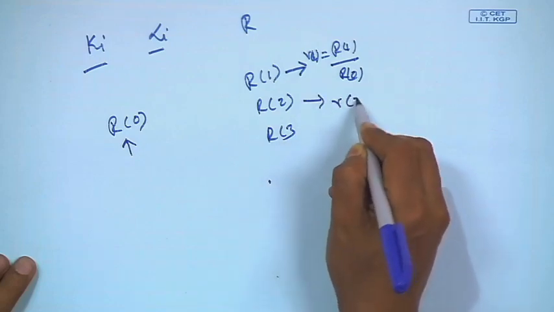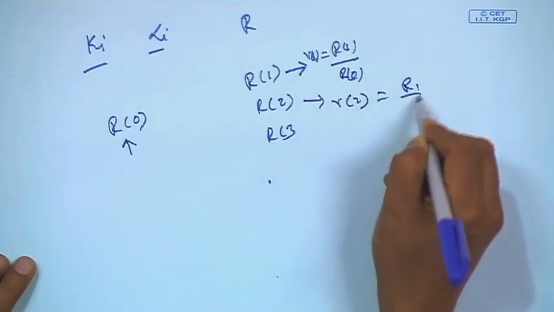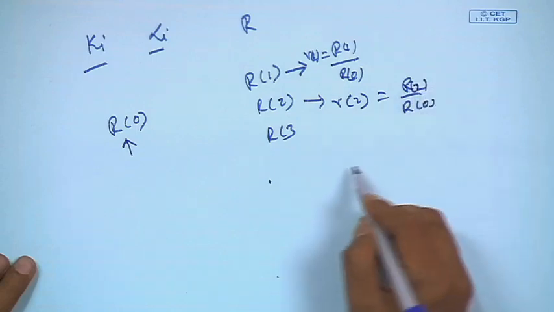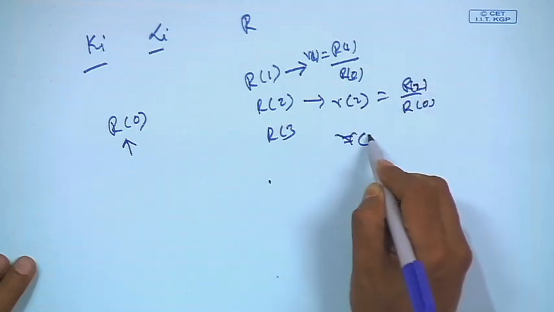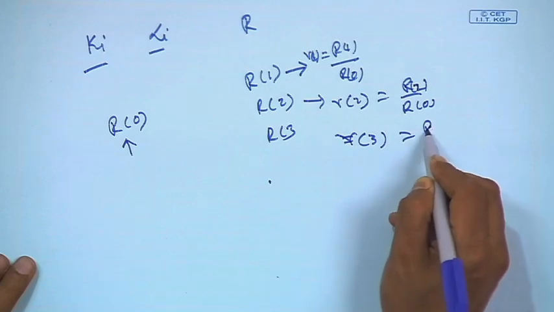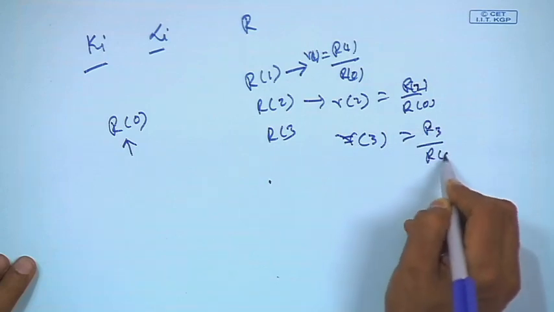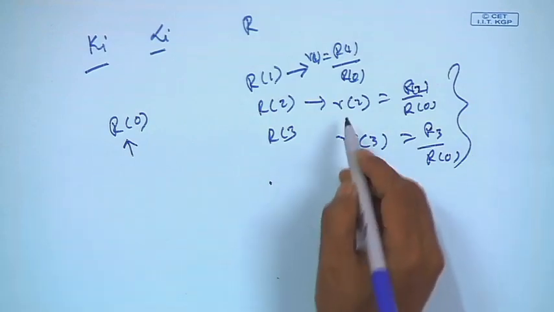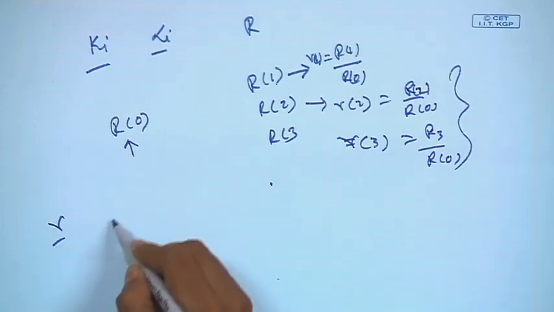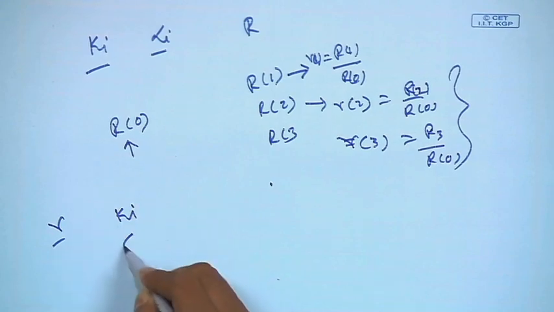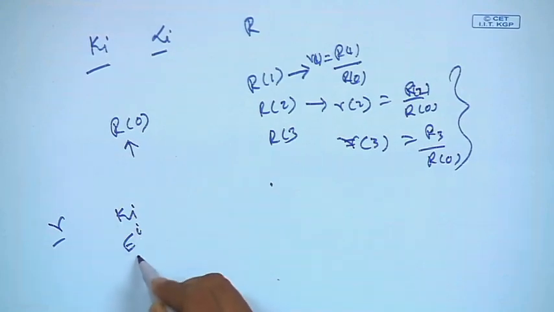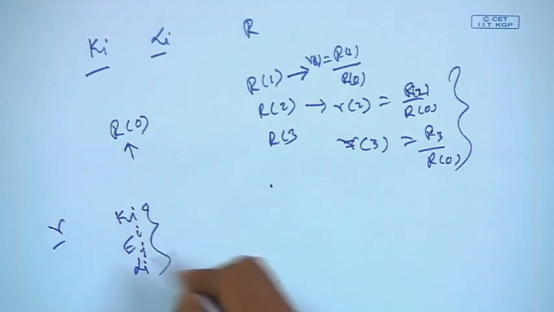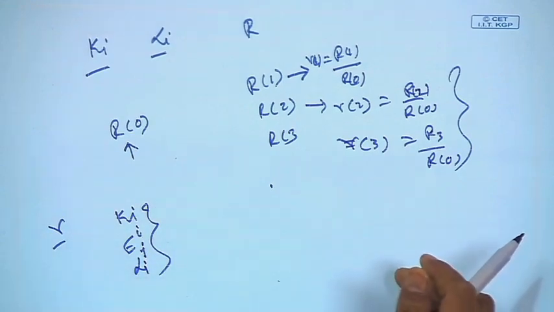Small r2 is R2 by R0. Similarly, small r3 is R3 by R0. Those are called normalized. If I use this small r to extract the values of Ki, Ei and alpha i j, I can say this is normalized autocorrelation.